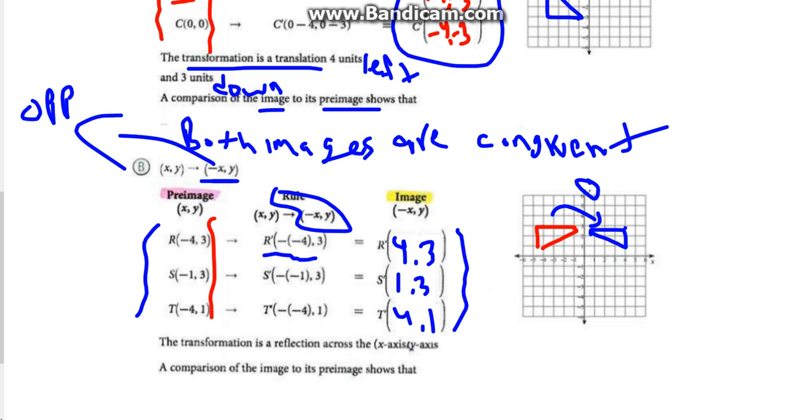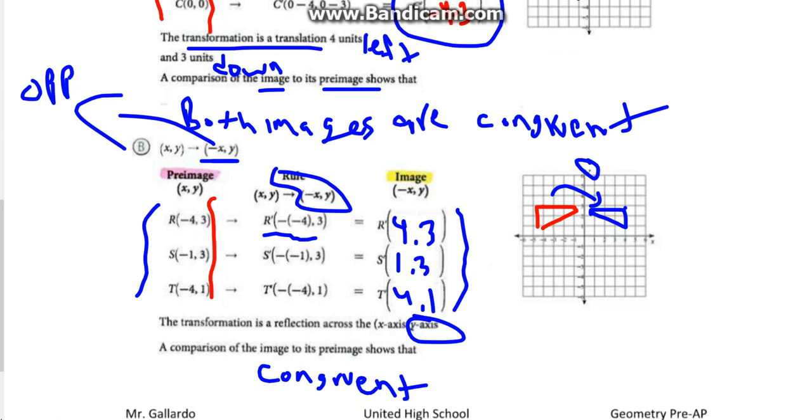Of course, when you plot them, you get a better picture. The transformation is a reflection across the y-axis. A comparison: both images are congruent.